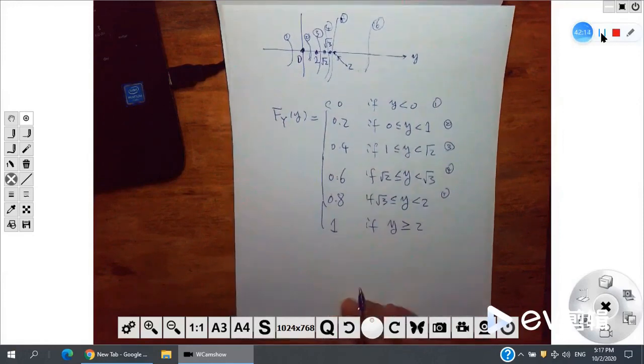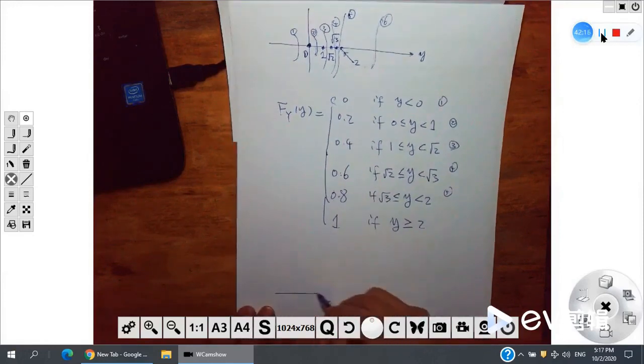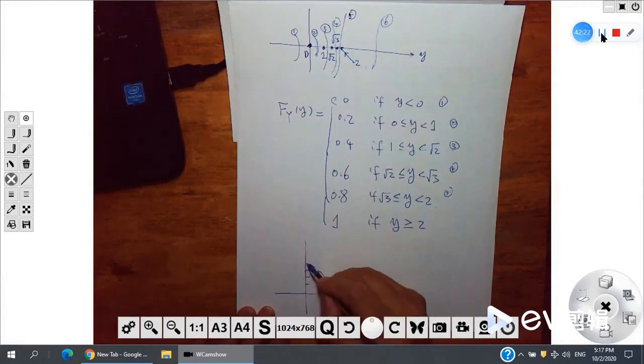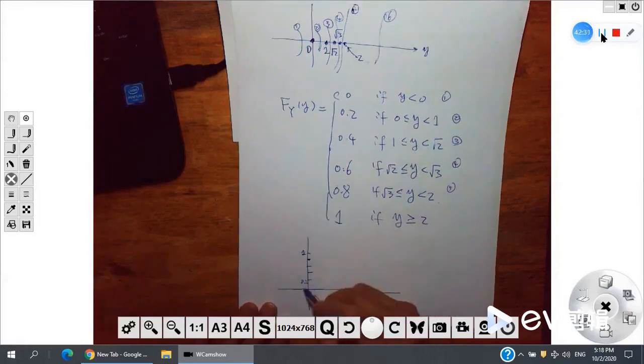If you want a graph of the CDF, the graph levels will be 0.2, 0.4, 0.6, 0.8, and 1, right? It starts from 0, so it stays like this, and here's 1, and then square root of 2, square root of 3, and 2.